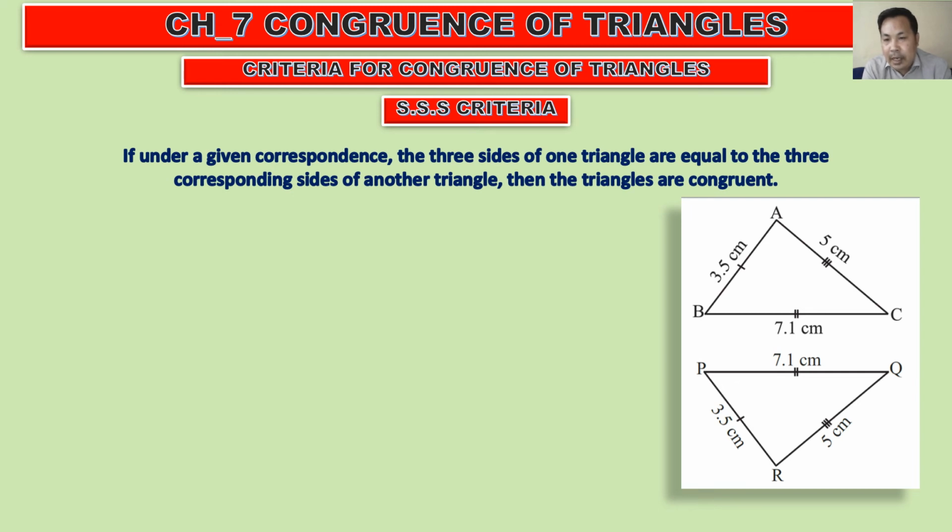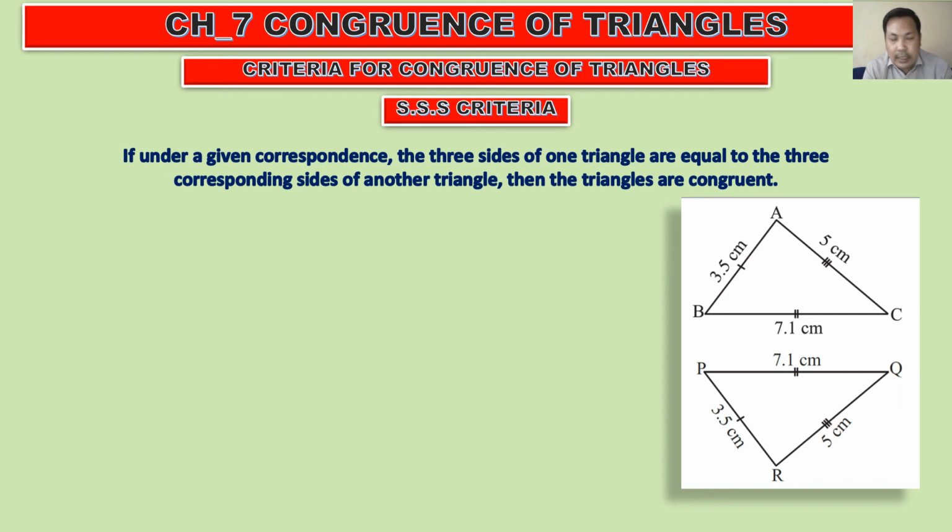And BC and PQ are also the same, 7.1 centimeters, and the third side, AB and RP, are also equal, 3.5 centimeters each, isn't it? So all three sides of these two triangles are equal to one another, and these equal sides are also corresponding sides. Since all three sides of the triangle are equal to the corresponding sides of the other triangle, these two triangles are said to be congruent.